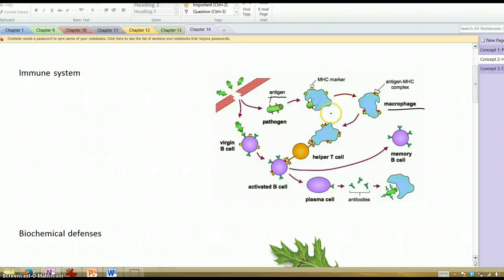Once they have, they essentially tell the rest of the immune system, I found something foreign, something unique. In particular, it takes those proteins, those antigens from the pathogen, and presents them to other white blood cells, things called T cells, and then B cells.